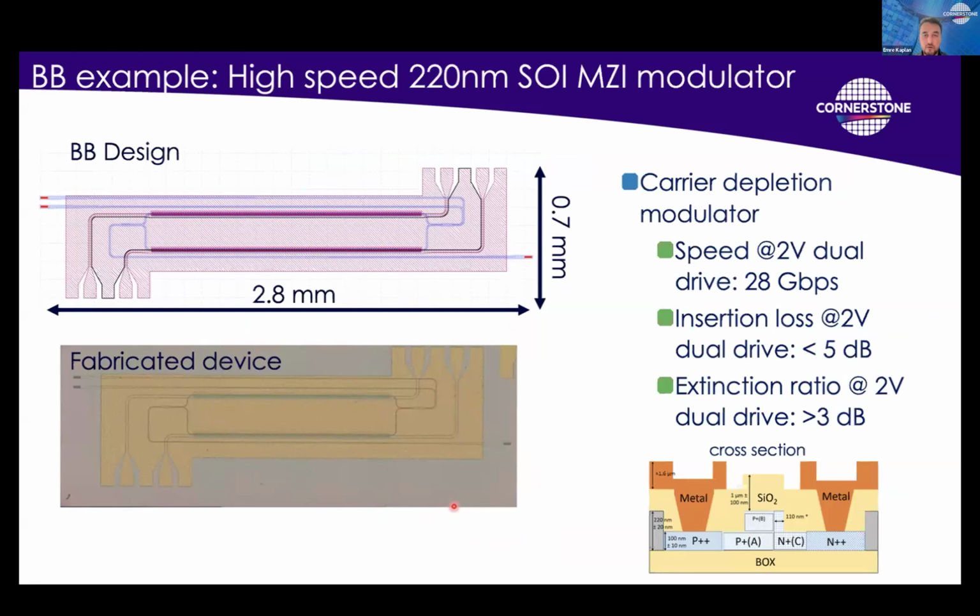This platform provides implementation of PN junctions where you can create your own carrier depletion modulators. So what you expect when you have a building block is the mask layout of the component itself. Here you see also the fabricated device image and some specifications provided by the foundry.